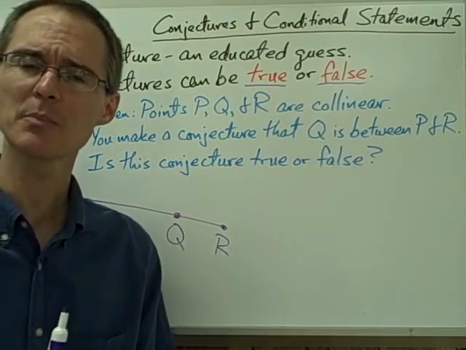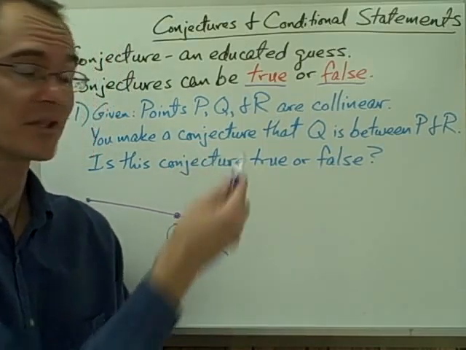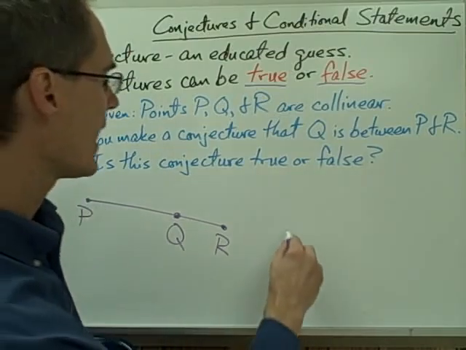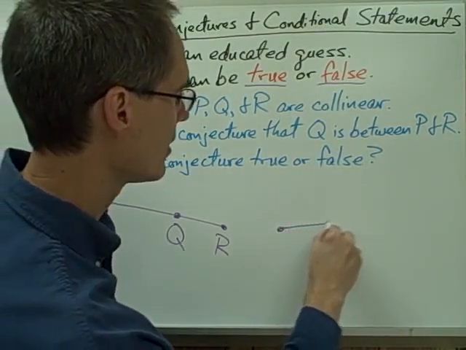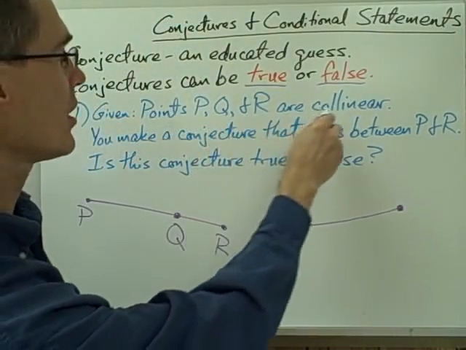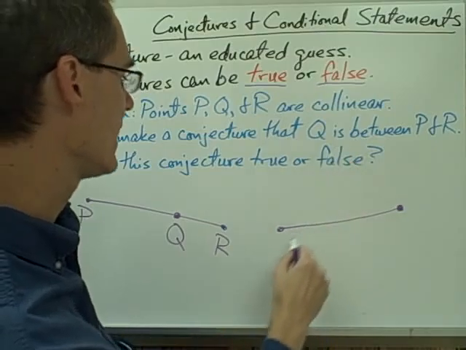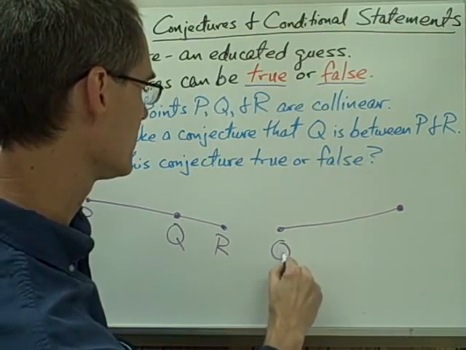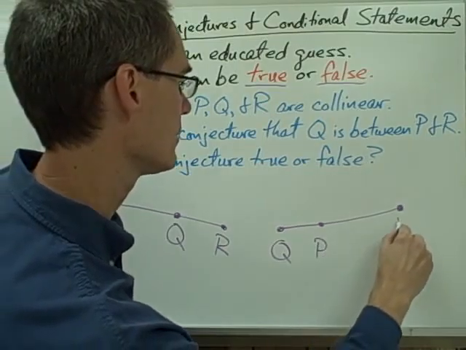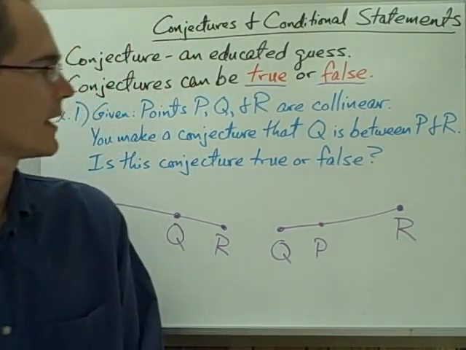However, if I can come up with just one example that shows this conjecture to be false, then I've proven the conjecture false. And it's not that hard to draw a picture that has points P, Q, and R collinear, and yet has point Q, let's say point Q right here, point P right here, and point R right here.